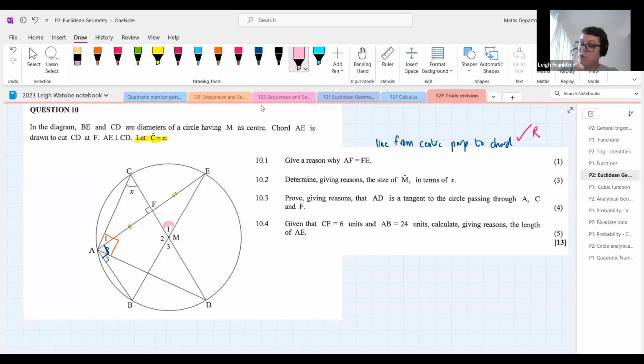What we want to do is see how M1 is related to the information that we already have. Is M1 inside a triangle? Is it the exterior angle of a triangle? Is it an angle at the center? We've got to link these things to all the stuff.